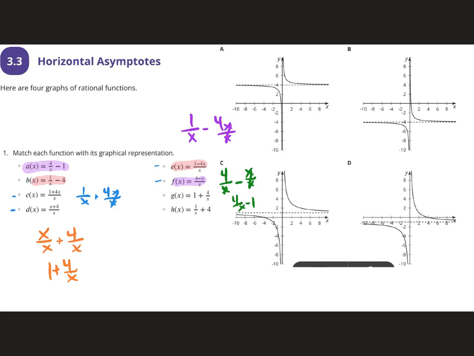And then C, 1 over x plus 4, is the same as H, and then G is the same as D.